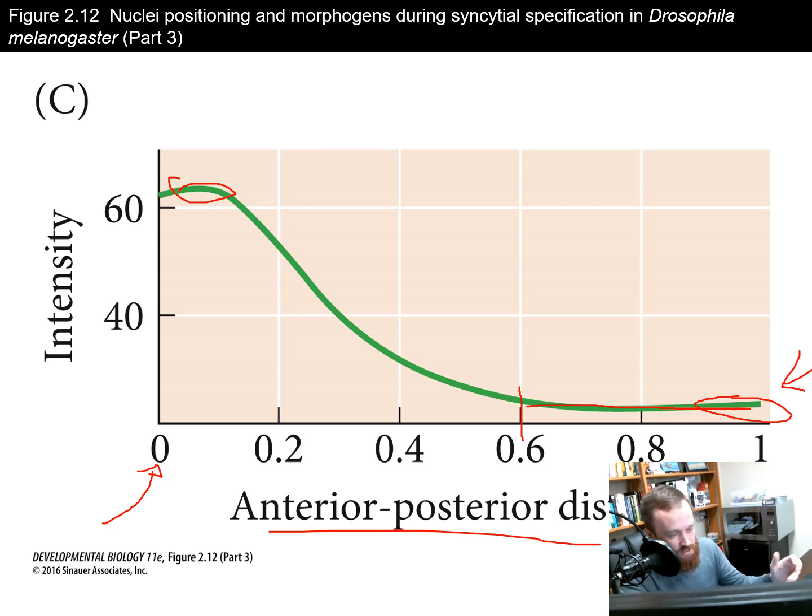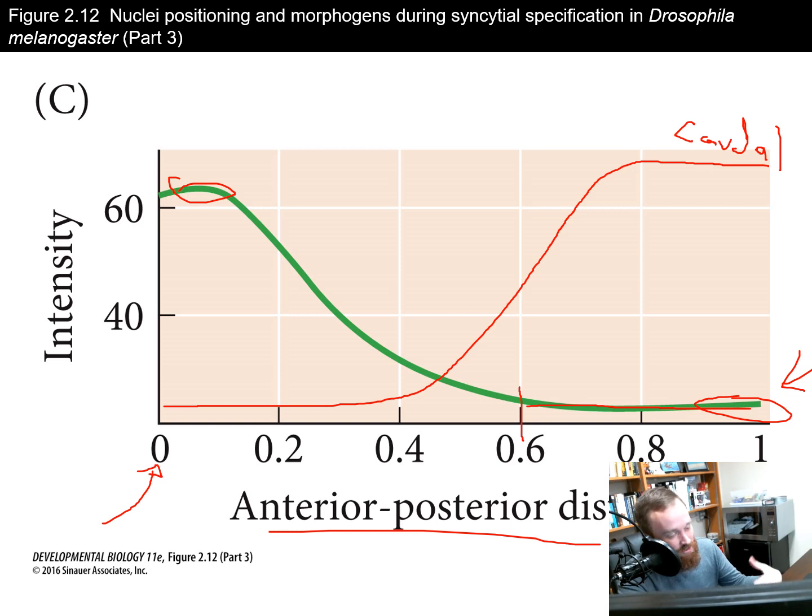As we'll see in the next slide, we have other gradients that proceed in the opposite direction. There's actually a lot more that we're going to overlay, but another one is called caudal. I apologize for trying to draw this with a mouse because my handwriting doesn't look very good. But caudal is a gradient that proceeds in the opposite direction.